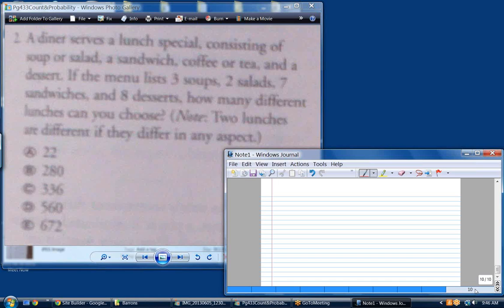With this one, would I multiply 3 times 2 times 7 times 8? You'd be close. What number does that give you, and is that one of the answers? That's 336. Yeah, so they put the trick answer on there.